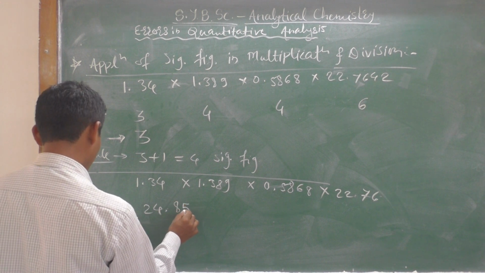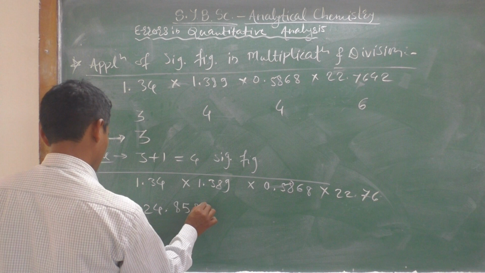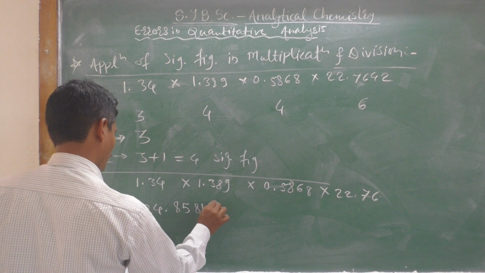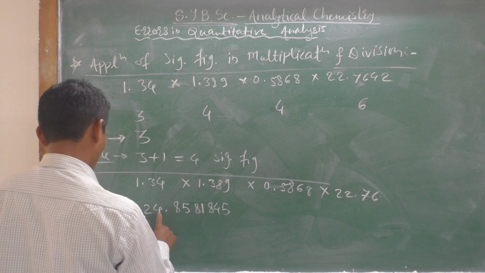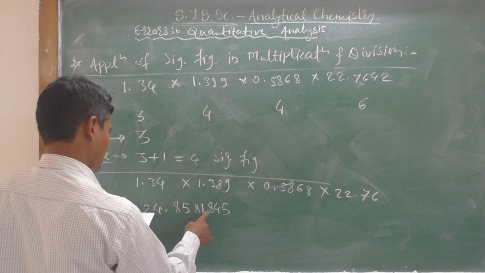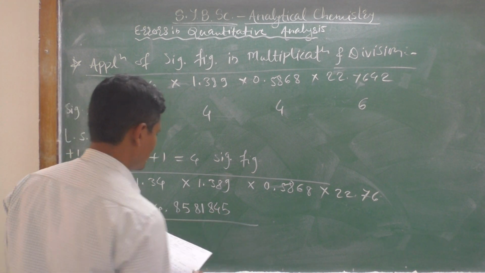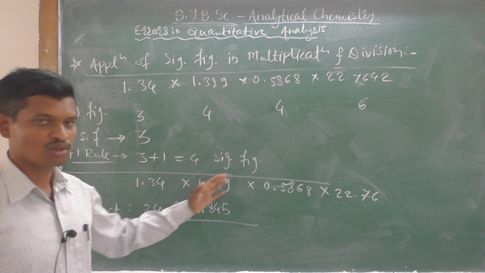You can use your calculator. So this number is the product of multiplication of all these 4 numbers.